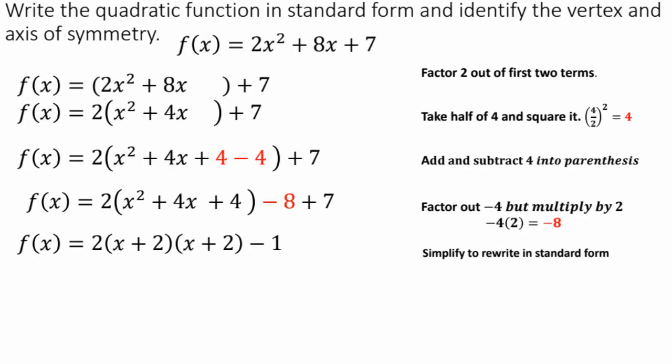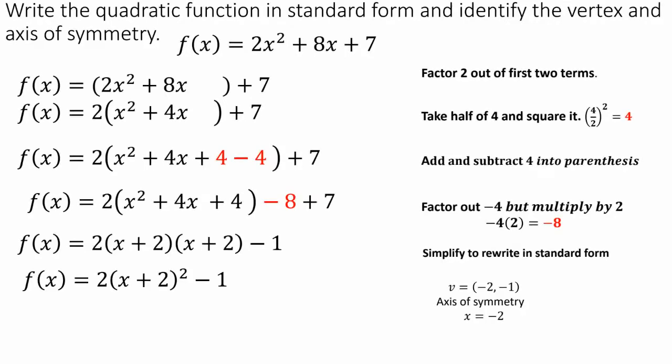I look at the sign in front of the b. Since this is positive, I know that both of these have to be positives, right? The x plus 2 times x plus 2. All right, so if we simplify this, we have 2 times x plus 2 squared minus 1. Voila! We converted our general form quadratic into what's called standard form or vertex form.